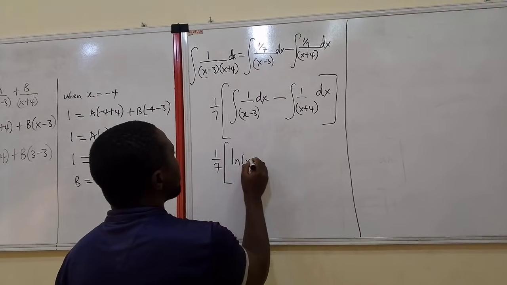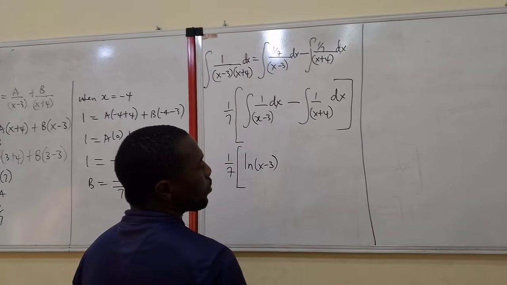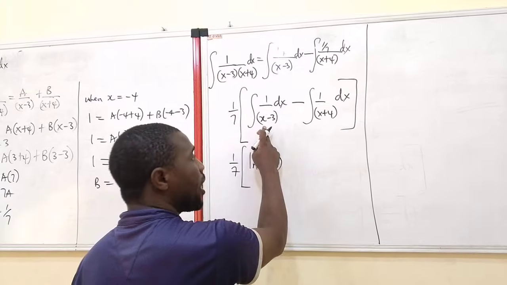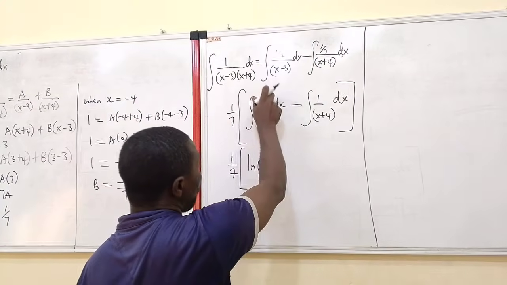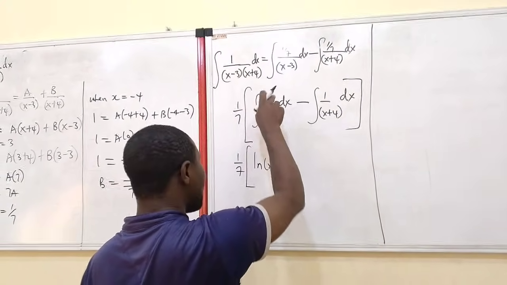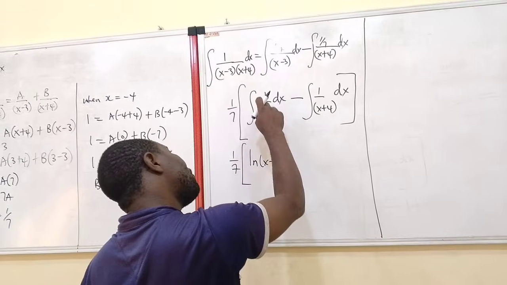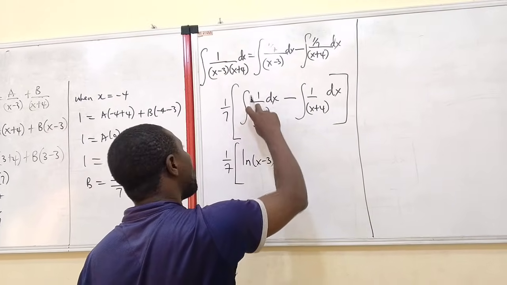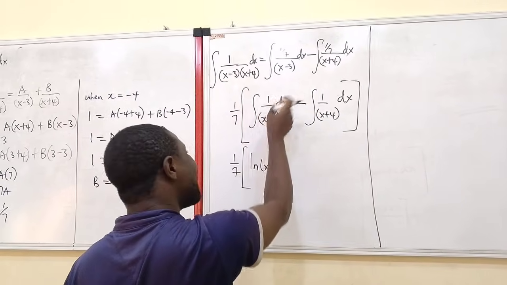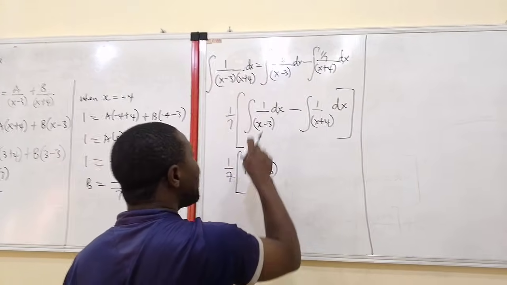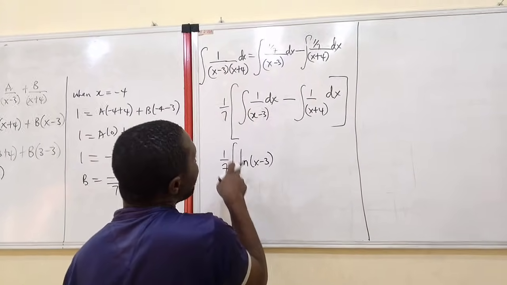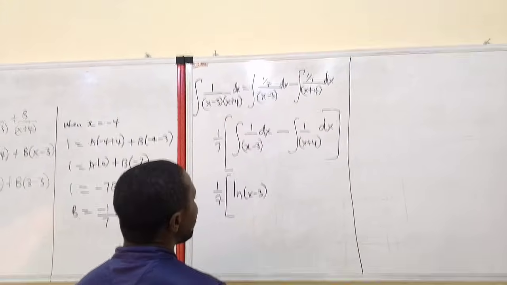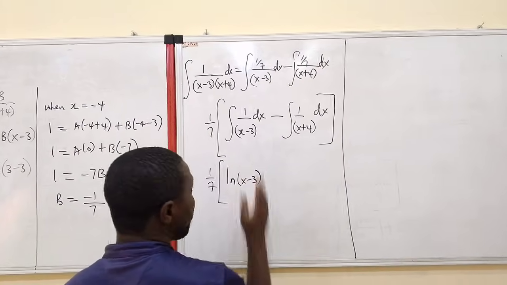Natural log of x minus 3. Remember, if you differentiate x minus 3, we get 1. So this law says that if you differentiate the denominator and you get the numerator, then your final answer is going to be the ln of the denominator. This is a shortcut.